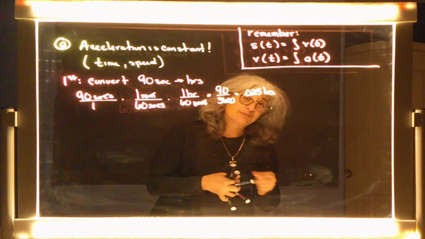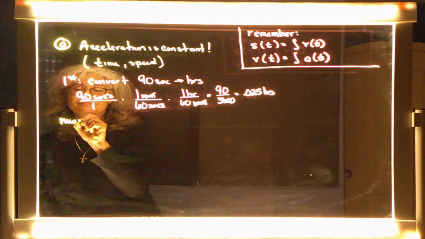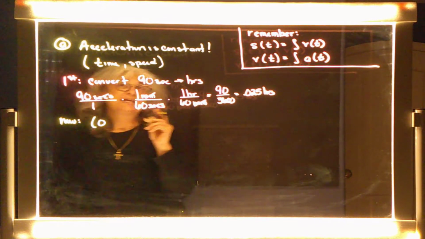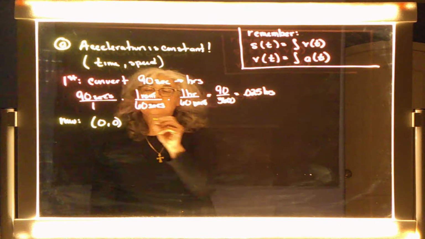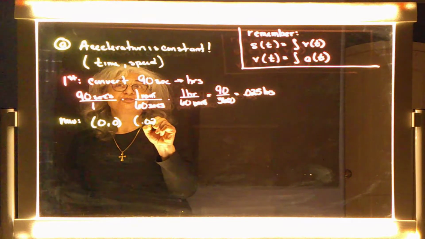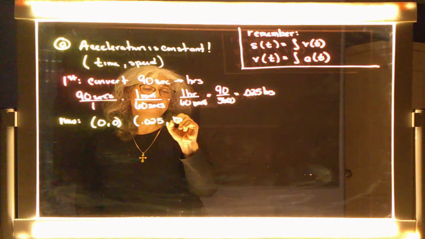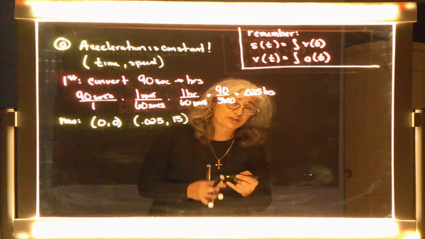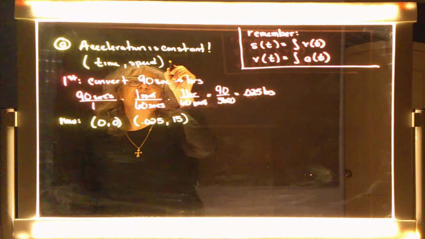Now I can get back to that acceleration. 2 points. At 0 time, the speed is 0. At 0.025 hours, the speed is 15 kilometers per hour, right? Okay, and by the way, let me make that notation.